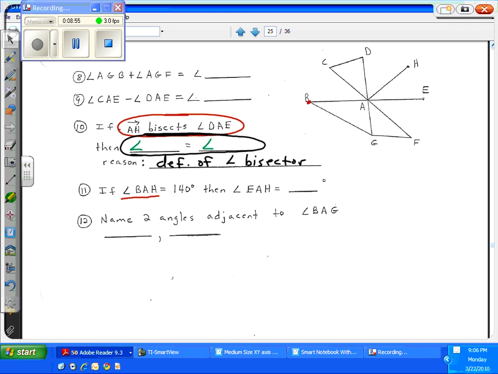So it says angle BAH. So we would want to identify that. That means we start at B and we bend at A and we go up here to H. And so that amount of rotation from there to there is 140 degrees of rotation. And it wants to know if that is 140, then how much is this?